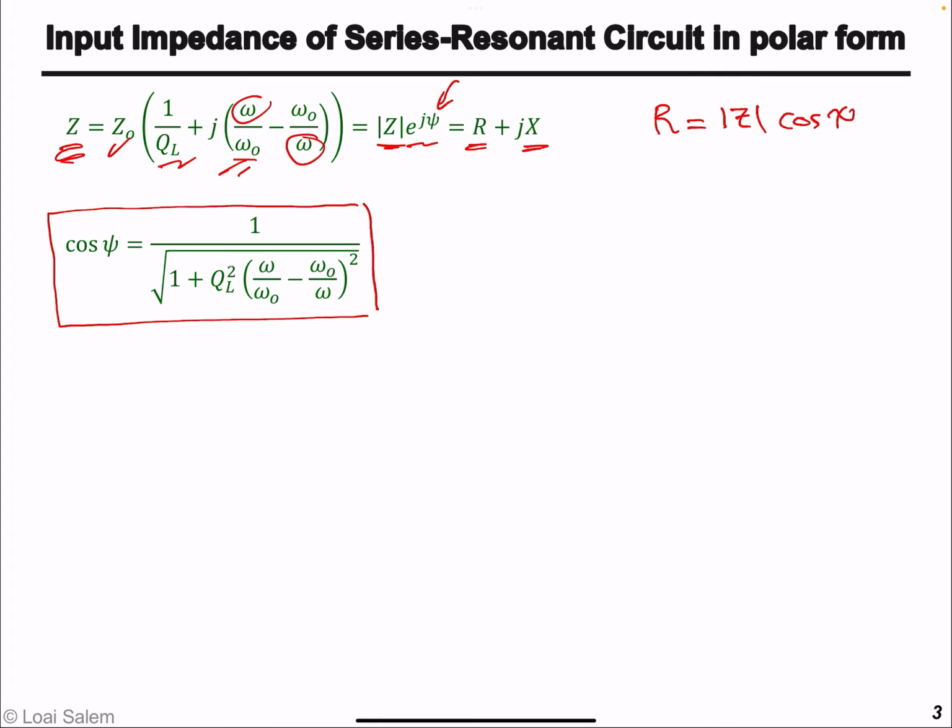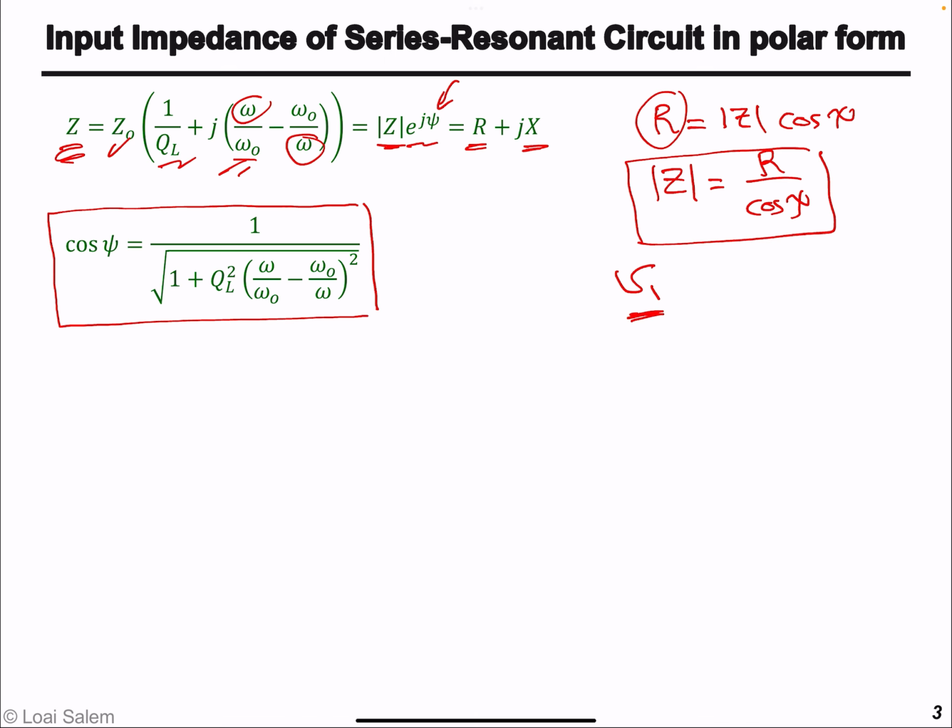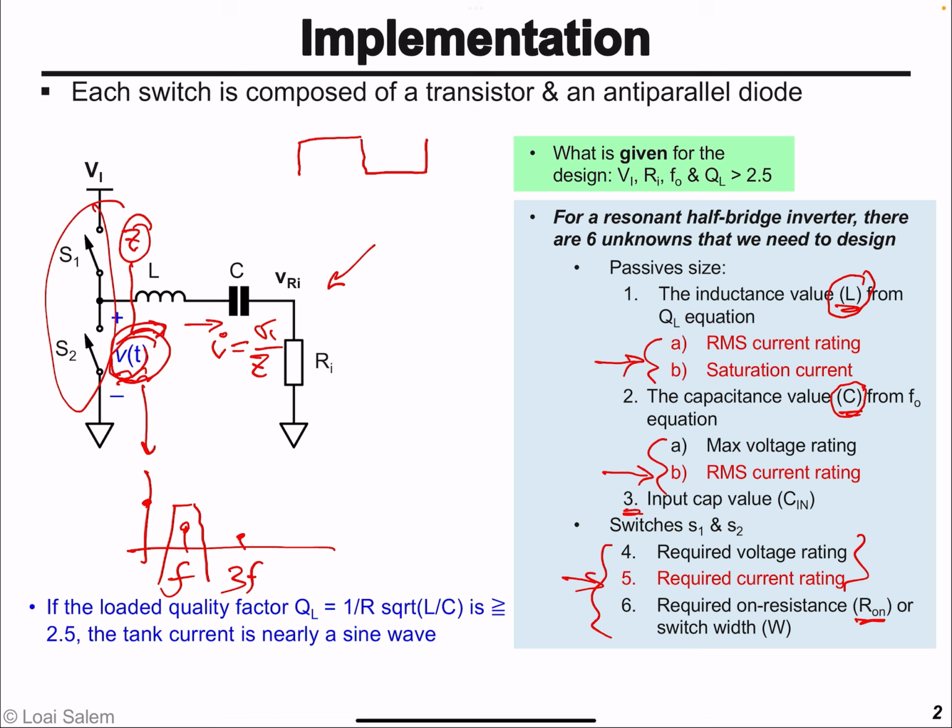If we rearrange the terms in this equation, we'll find that the magnitude of Z as a function of R is going to be R divided by cosine psi. Now all we need to do is to find an expression for the fundamental component in the square voltage that's provided by the half bridge circuit.